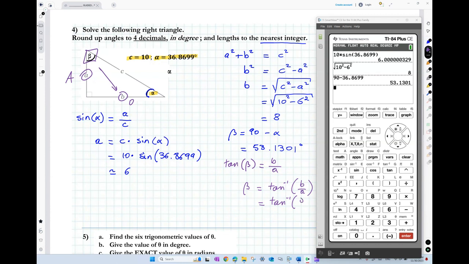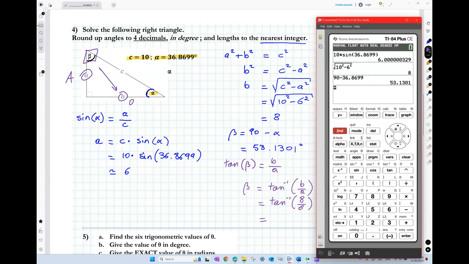B, I found, is 8, and A is 6. This is what I found. So 8 over 6, which is also 4 over 3.